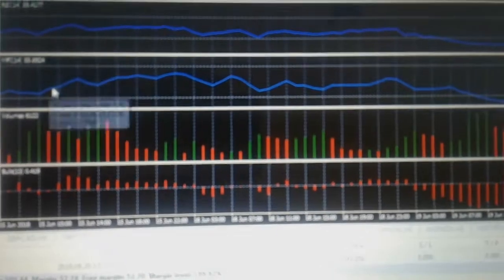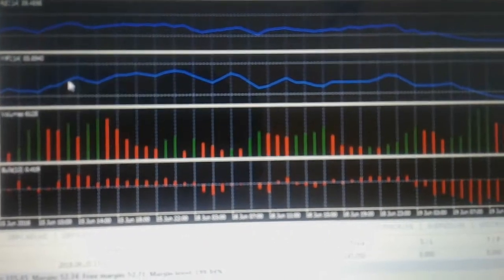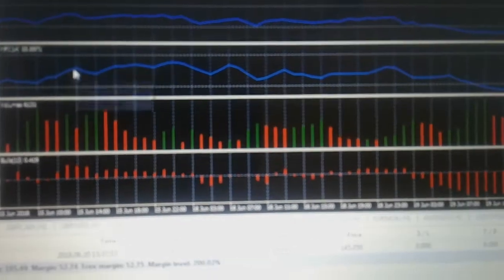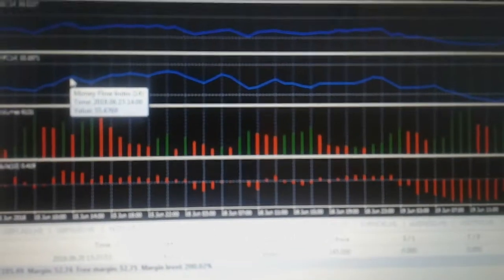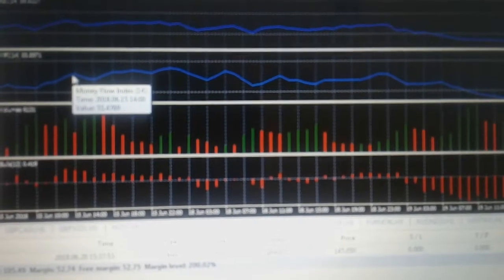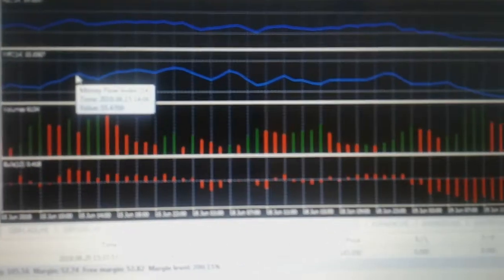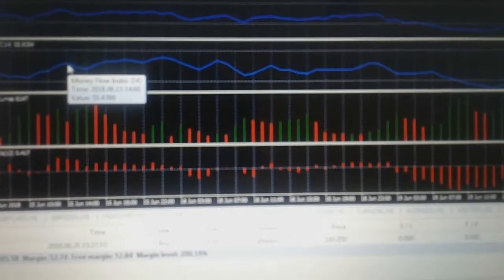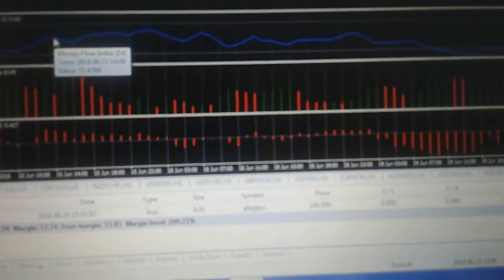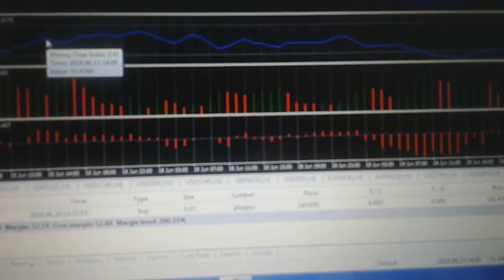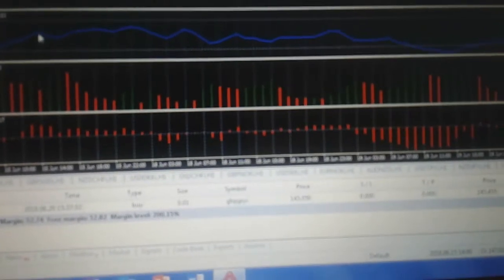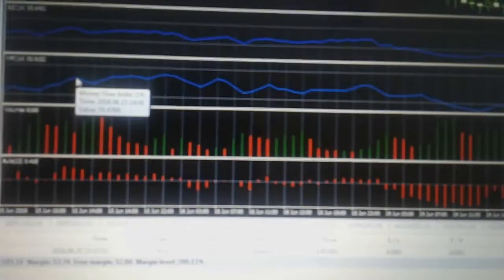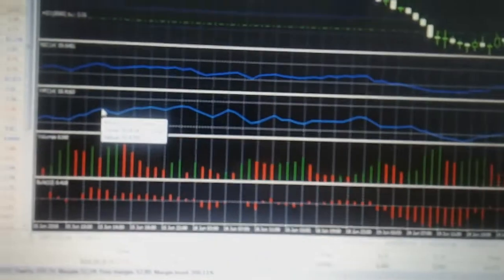As you can see, I put the mouse on the line of the money flow, and it tells you the strength of the money flow. Right now it's at 55.99075, and that's pretty good for me. When it's up that high, that means there's a lot of cash flowing through this signal right now.